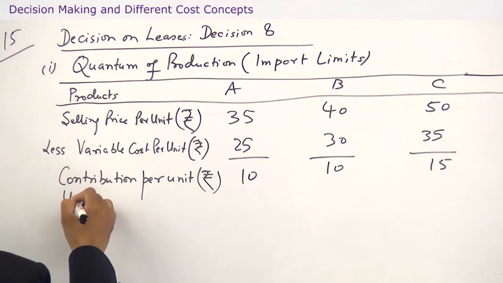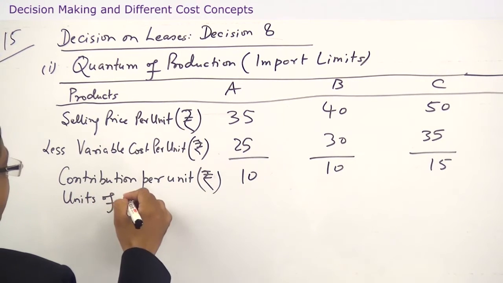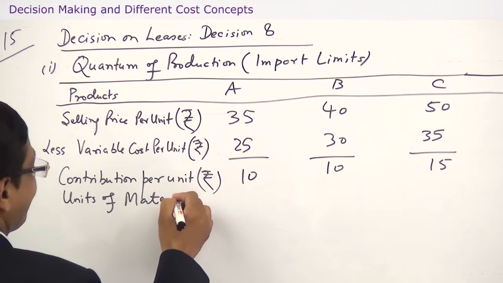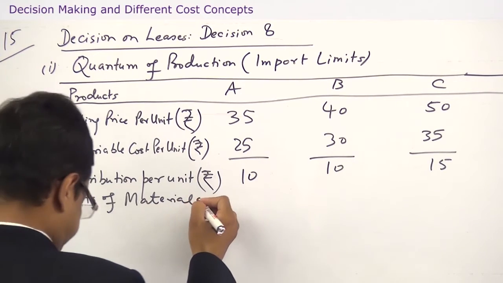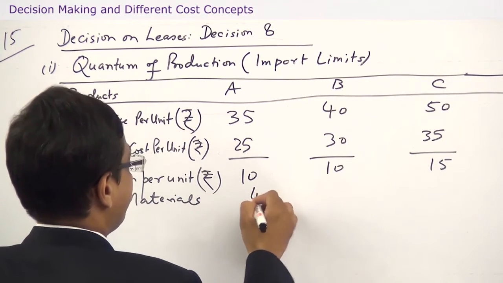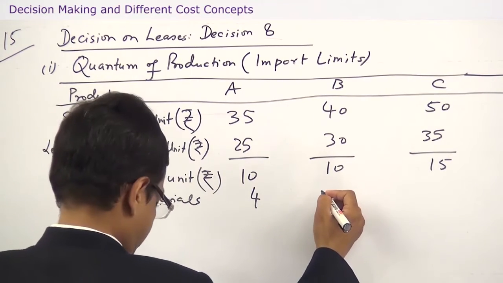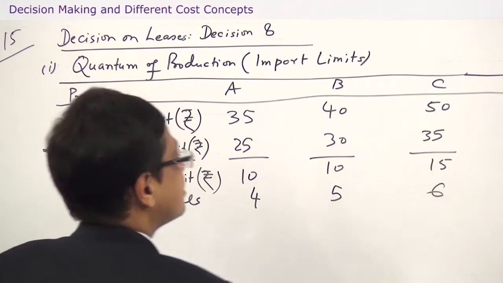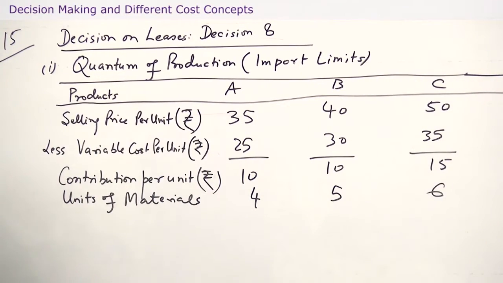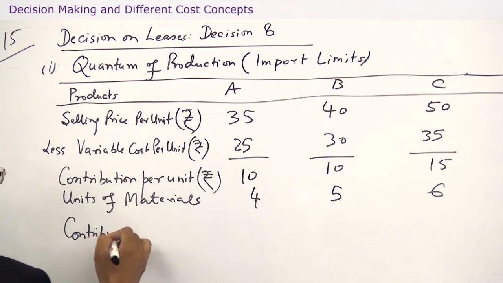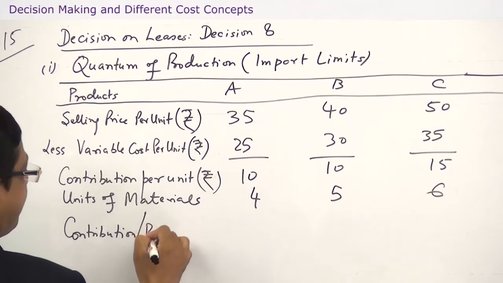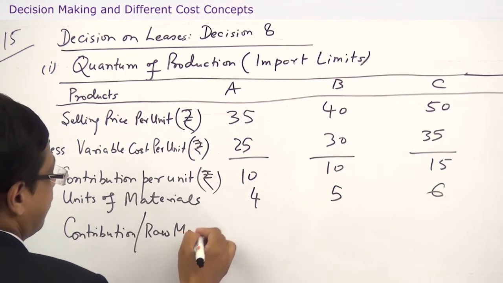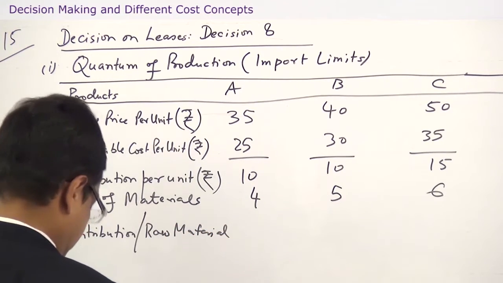Now the units of material: you need 4 units to produce A, you need 5 units of raw material to produce B, likewise you need 6 units of raw material to produce C. So contribution per unit of raw material, right?